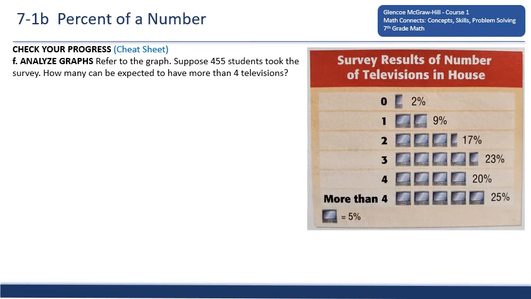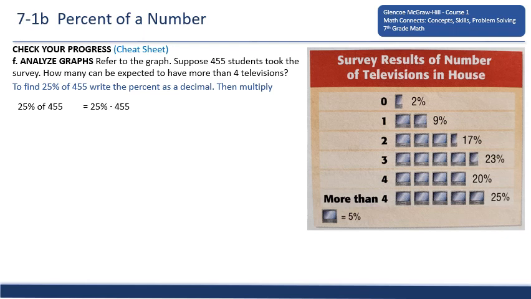Check your progress. Analyze graphs. Refer to the graph. Suppose 455 students took the survey. How many can be expected to have more than 4 televisions? So if we look over at the graph, more than 4 is 25%. So to find 25% of 455, write the percent as a decimal, then multiply. 25% of 455 equals 25% times 455.